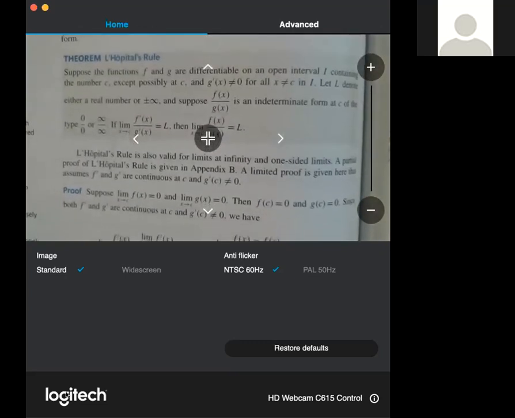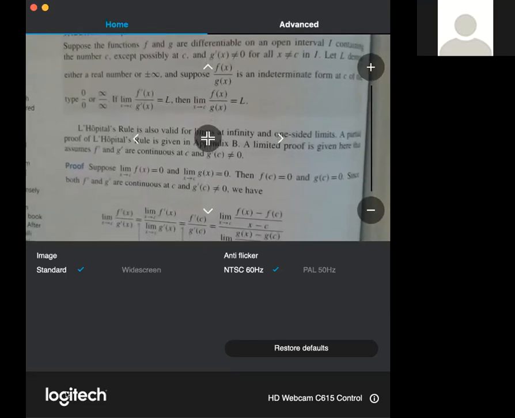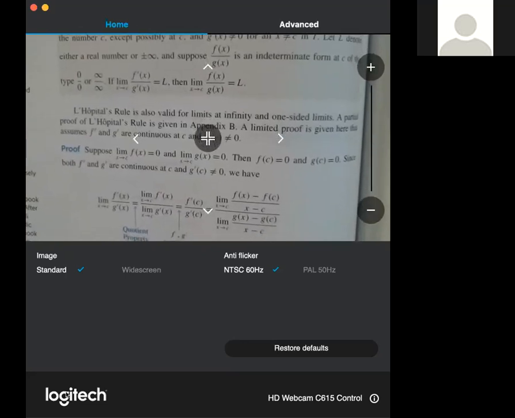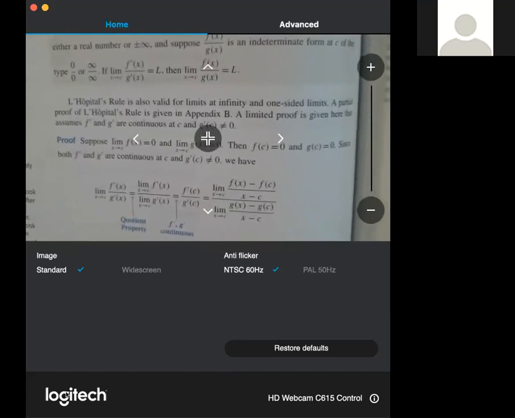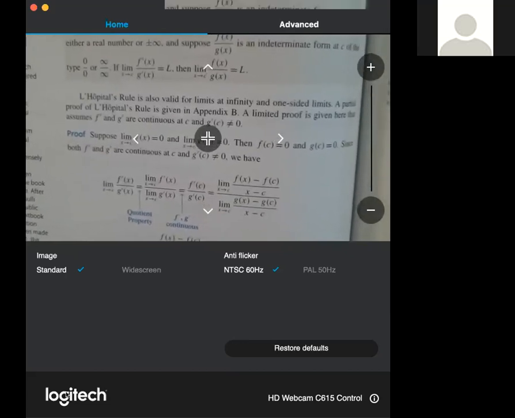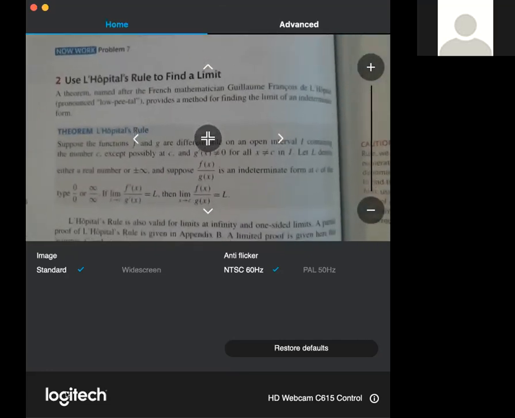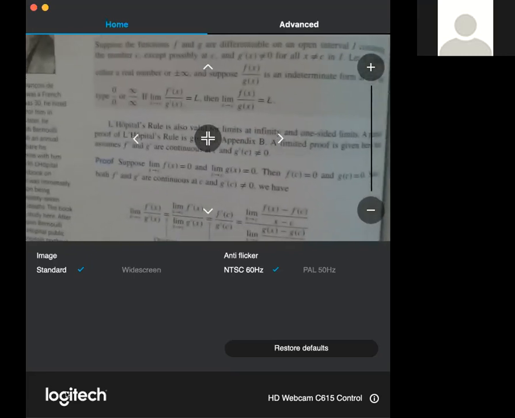Hold on, where are you going? Okay, it's sliding down. What are you doing? Okay, I'm talking to the tripod stand. Hang on one second. Okay, here we go. It's moving down. Oh, this is what's moving. There we go.